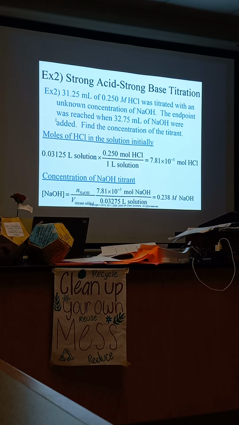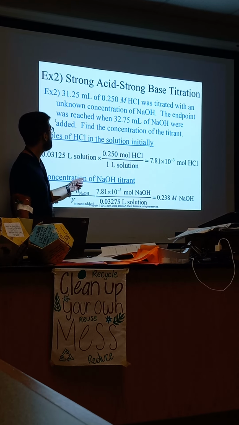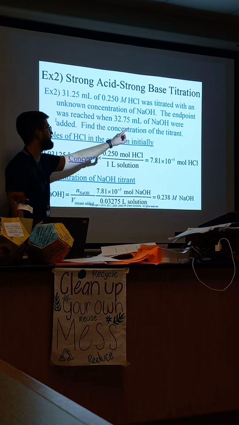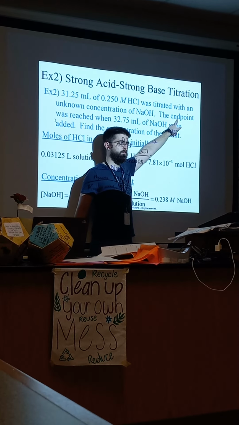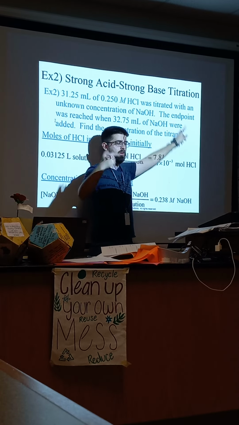And then we're going to find the concentration of the NaOH titrant. And the way we do that is, guys, it says we had a titration done here. And it says the end point was reached. Which means the color changed.